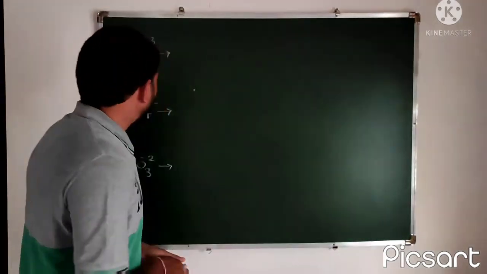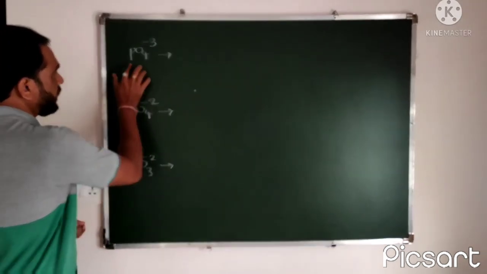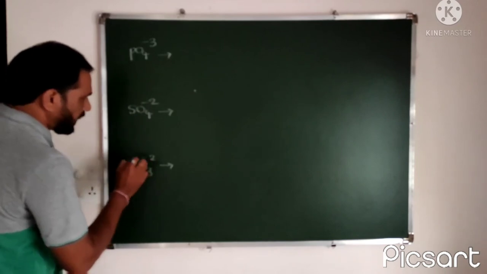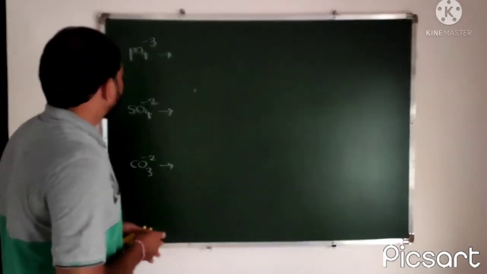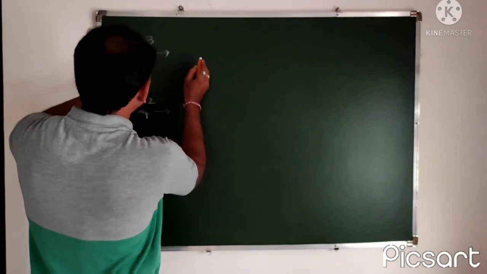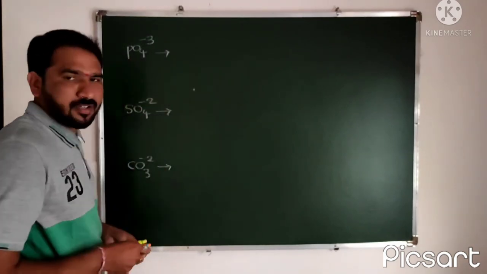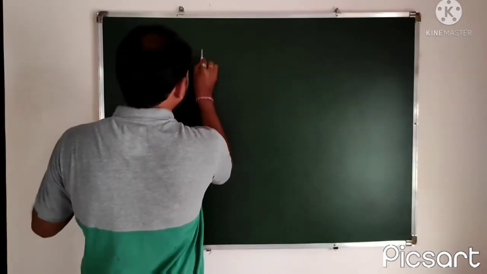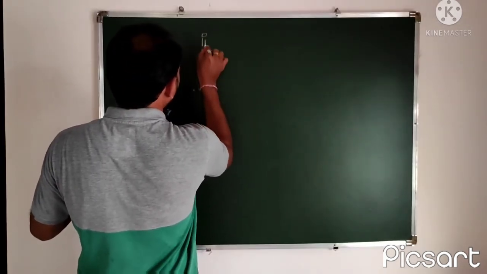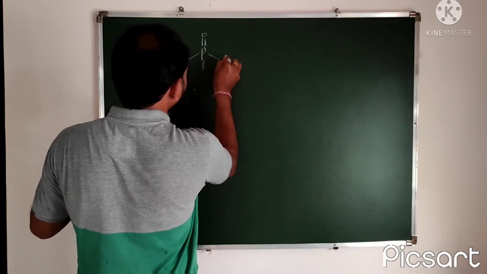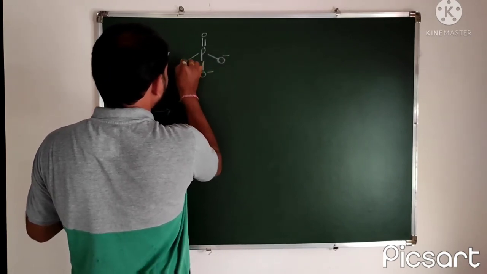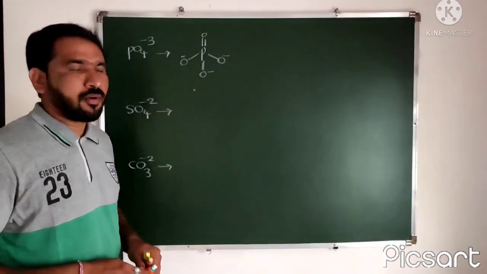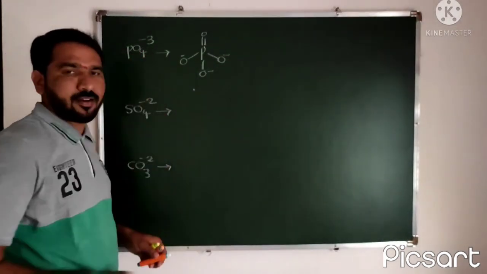Okay, coming to the next example: the ions PO4 minus 3, SO4 minus 2, CO3 minus 2. Here phosphorus is surrounded by 4 oxygens with a minus 3 charge: P double bond O, then O minus, O minus, O minus. So this is exactly the structure of the phosphate ion.